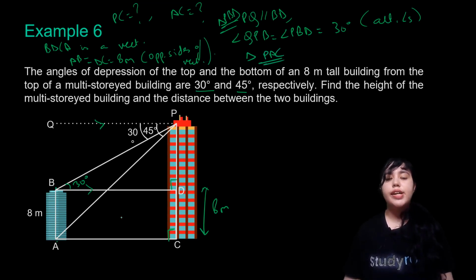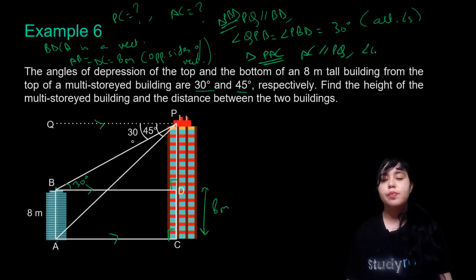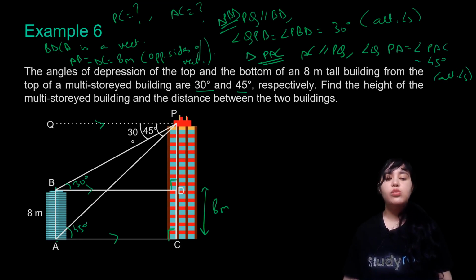Here as well, AC is parallel to PQ, and if I have been given two parallel lines, then angle QPA will be equal to angle PAC, which is equal to 45 degree. Why? Because they are alternate angles. So far I'm just trying to make sense of my figure by basic geometry knowledge.